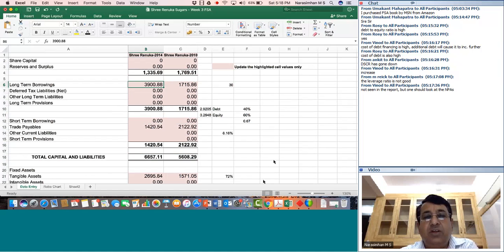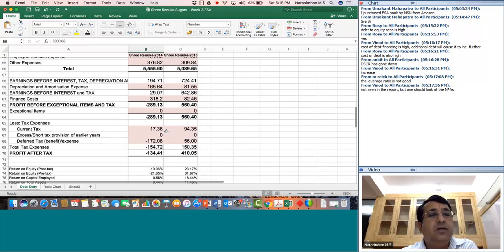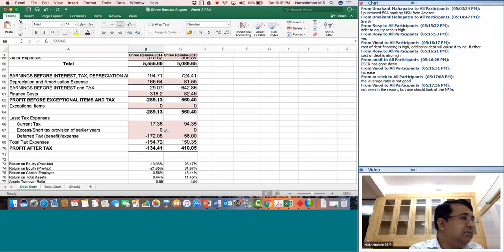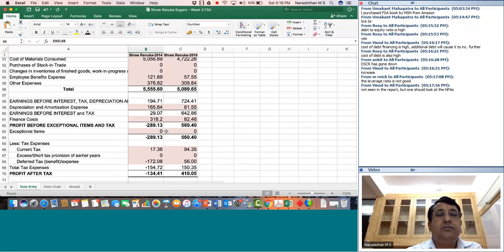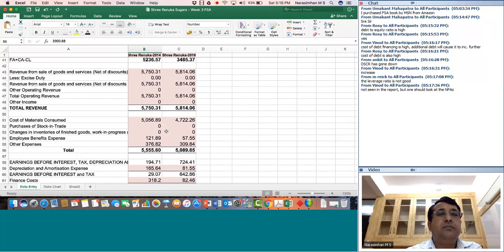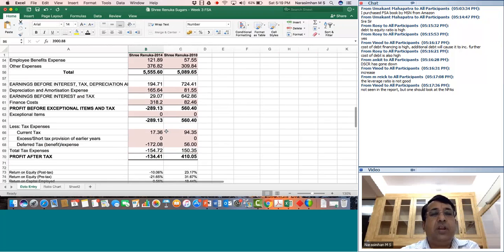So the loss is how much? 3,000 crore, right? Yeah, this company is having a loss now.